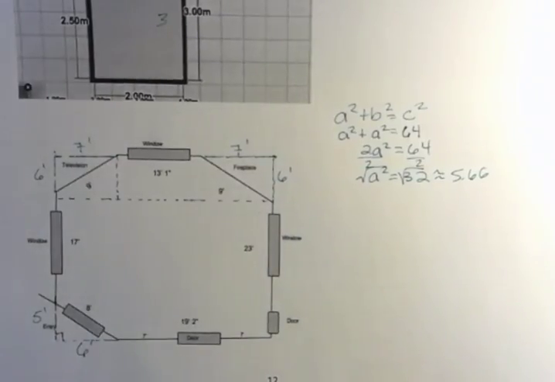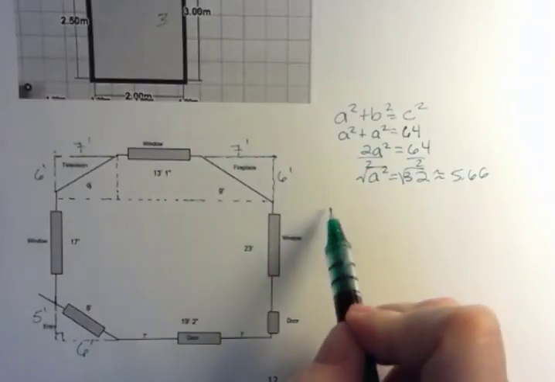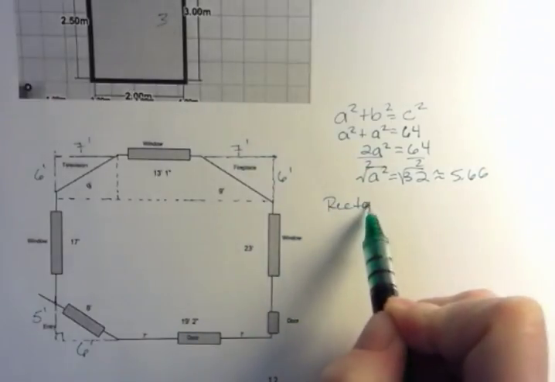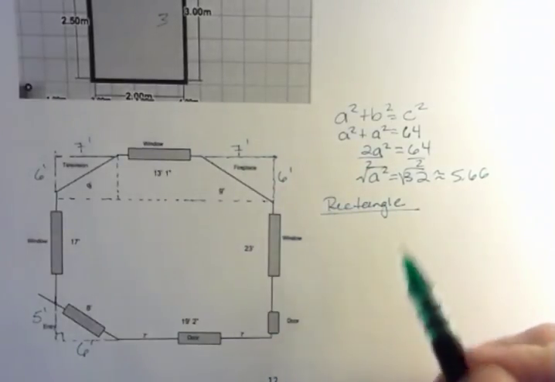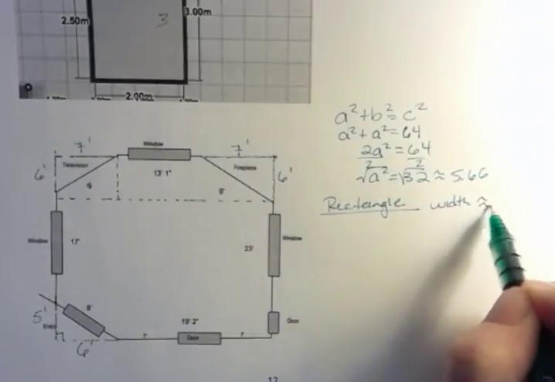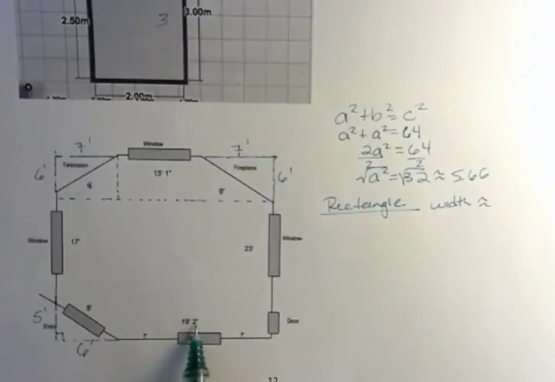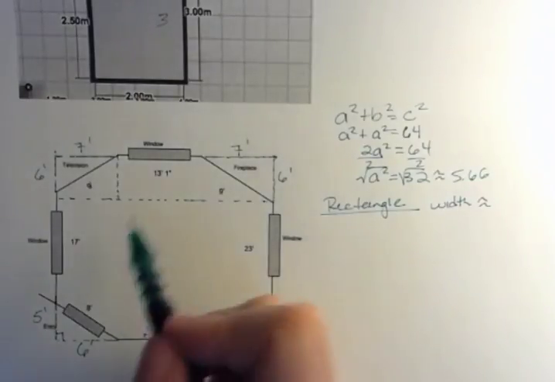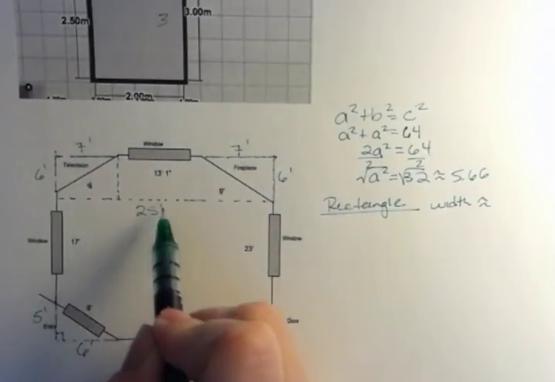So if I did say, what's the overall rectangle? And I'm saying that the width, oh, I didn't say what I got there. Well, I got 19 feet 2 inches plus 6 more feet. So that's about 25 feet 2 inches.